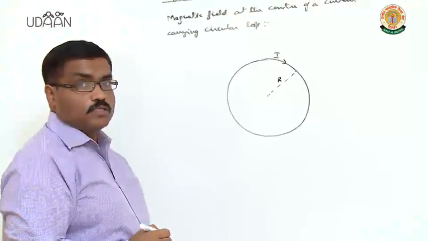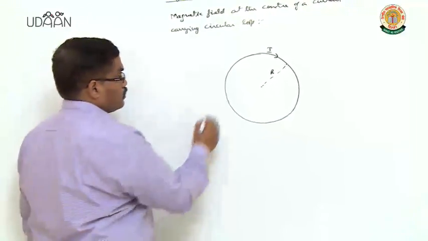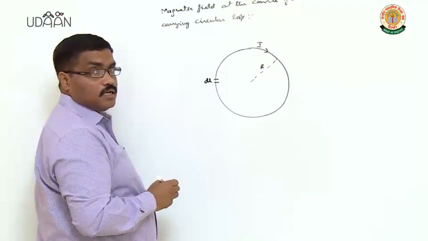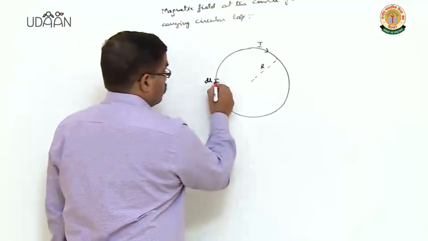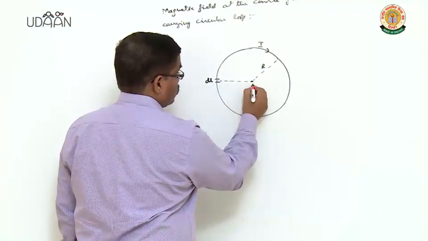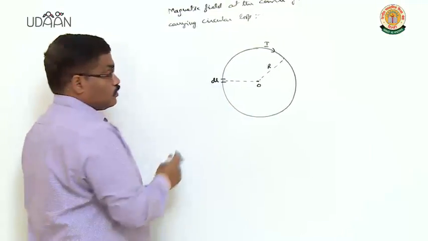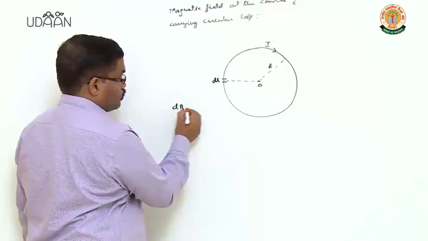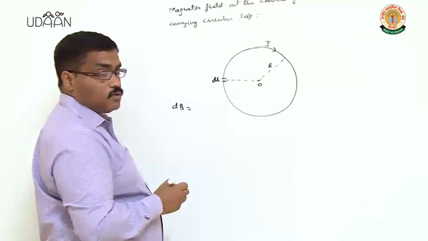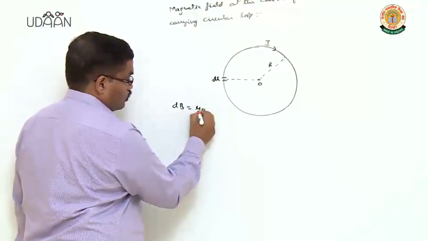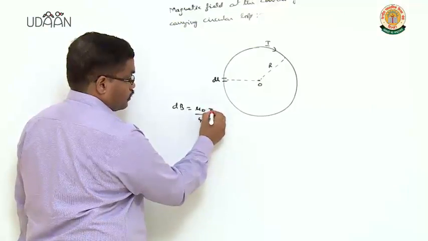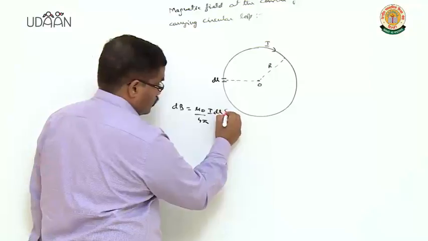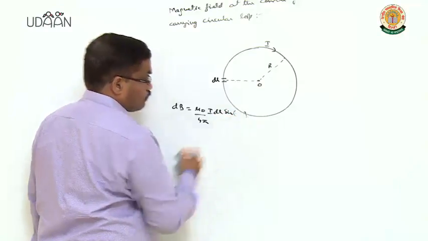Now in order to apply Biot-Savart's law, we'll consider a small element over here, say dl is the length of the element. We need to find field at this point, say at O. According to Biot-Savart's law, the field produced due to this small element will be equal to mu naught upon 4 pi I into length of the element, that is dl, into sine theta.